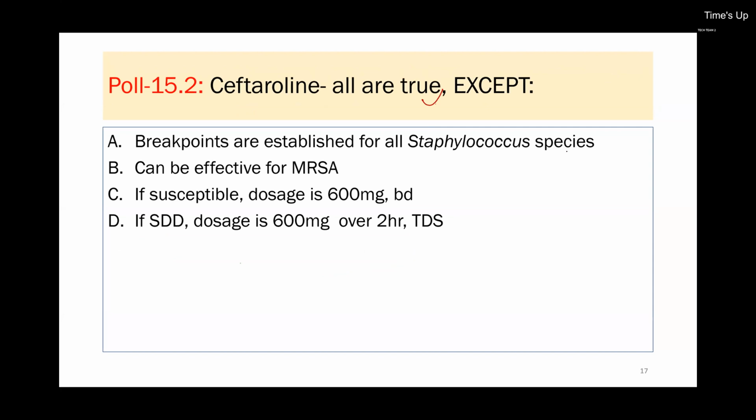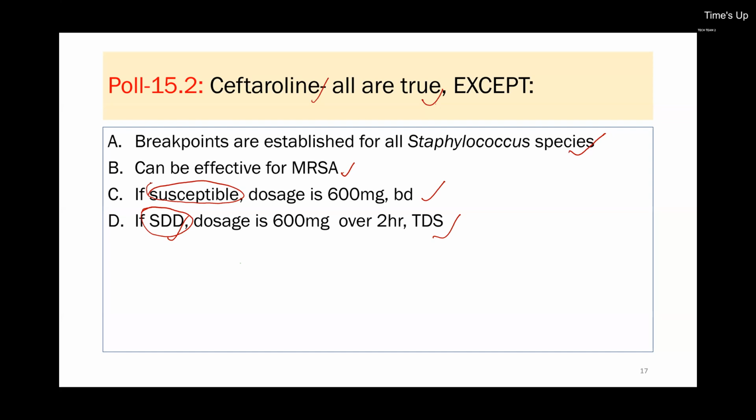Ceftaroline has breakpoints for all Staphylococcus species. It is effective for MRSA if susceptible, and if SDD, what is the dosing regimen? By this question, we come to know that ceftaroline has a susceptible breakpoint as well as a susceptible dose dependent breakpoint.